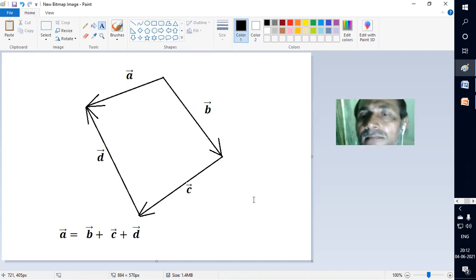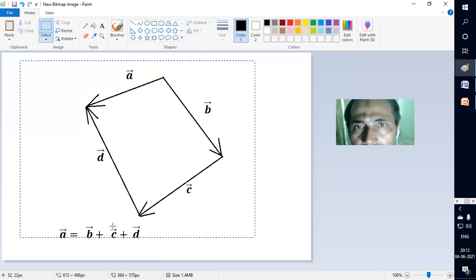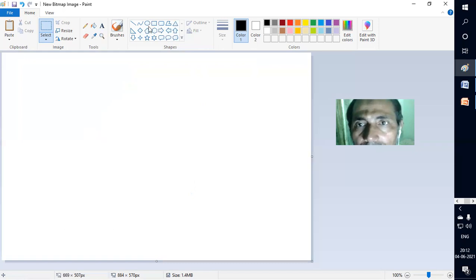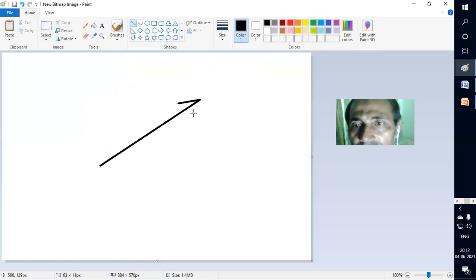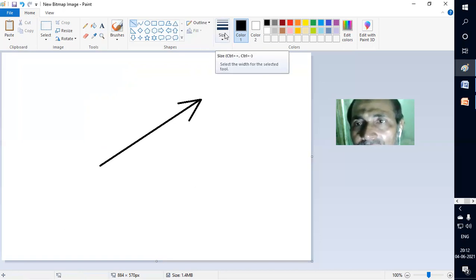And next, I'll take another slide. Okay, you imagine that this is one vector. This vector is having some diagonal direction. This vector is drawn in diagonal direction. And I want to add, in addition to this vector like this, one vector I will take like this.